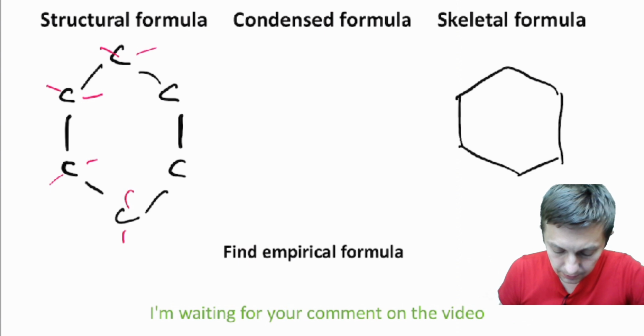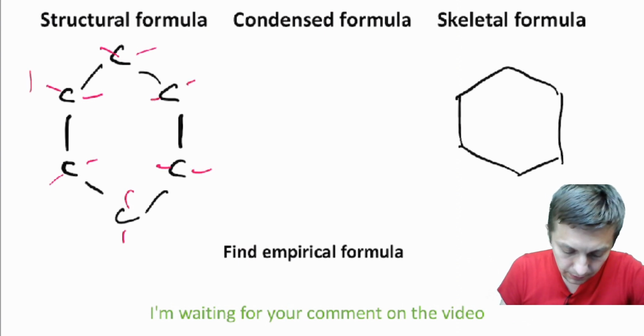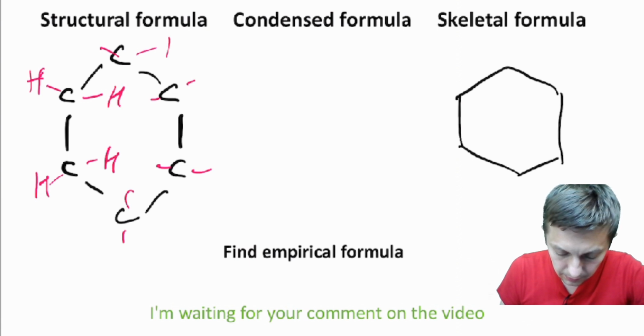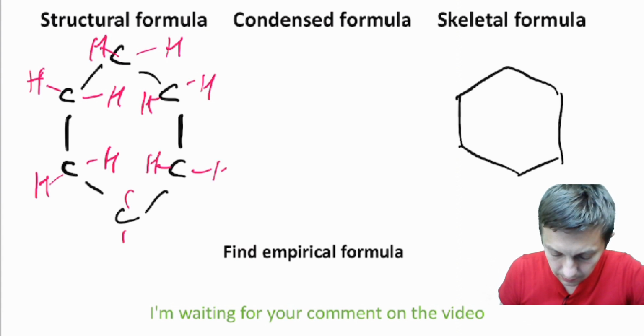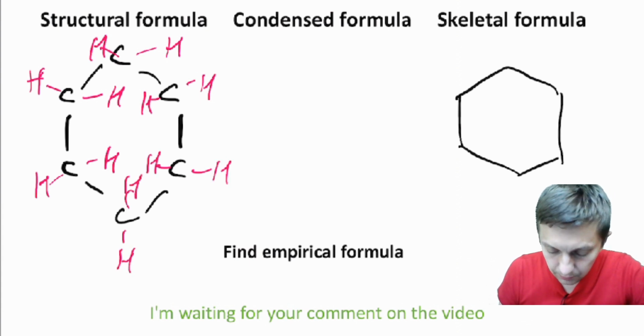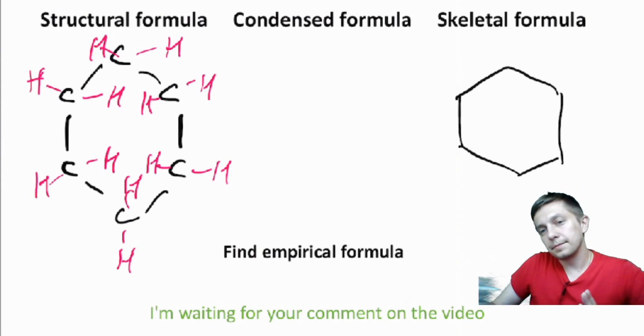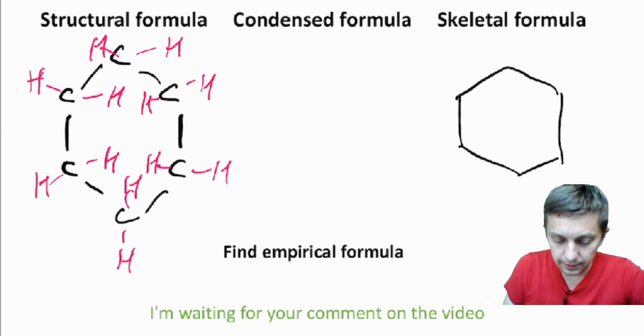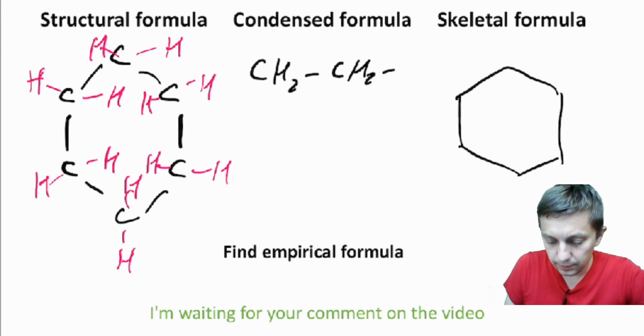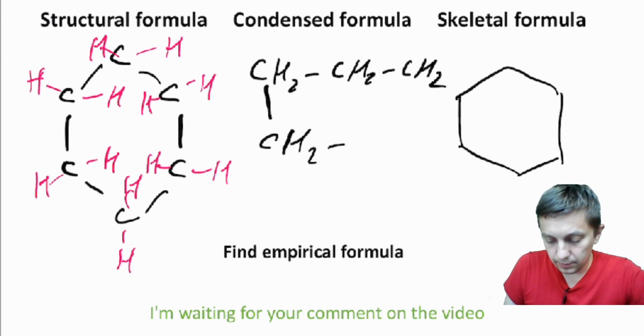H, H, H, H, H, H, H, H, H. For this structure, we can't draw a proper condensed formula in a line, so we write it like this: CH2, CH2, CH2, CH2, CH2, CH2.